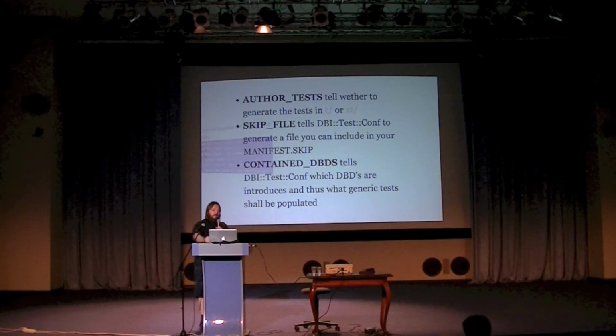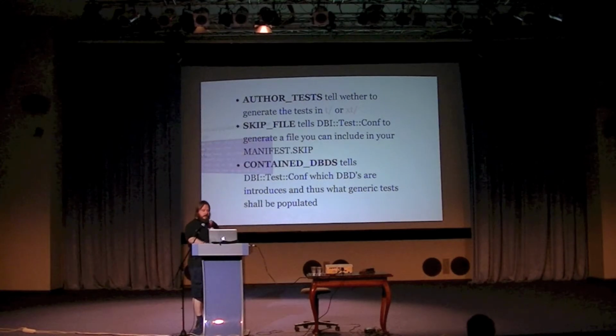We are creating a skip file, which helps us not to bundle populated tests into our distribution. They will be created on the installer's machine again. And we say, okay, this example is from DBI. We have 2 DBDs contained that we want to have tested.